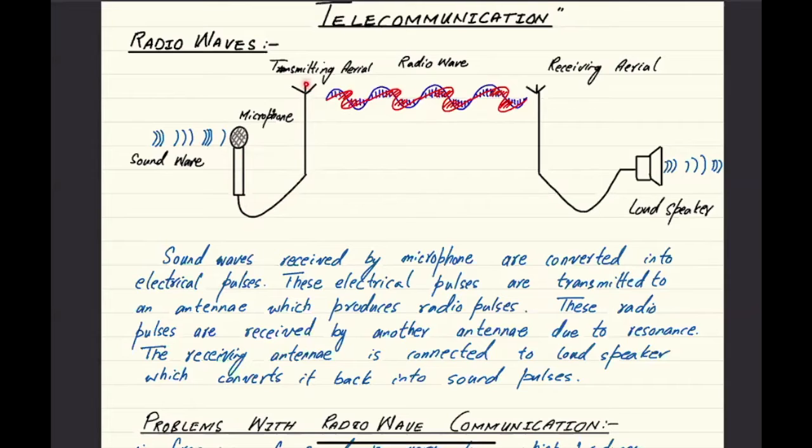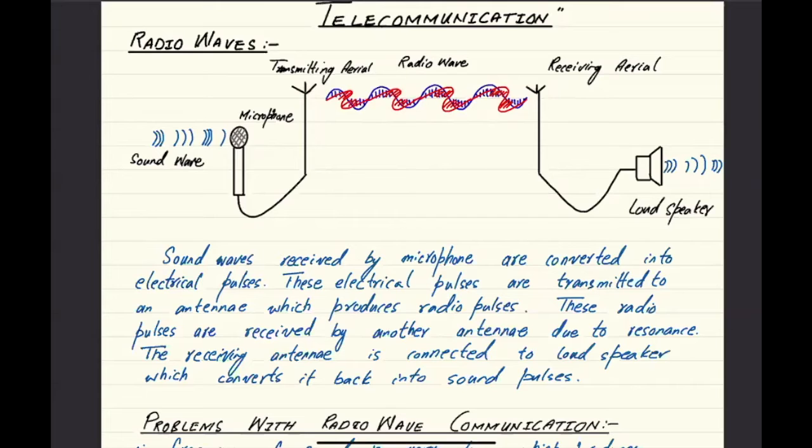And when that alternating current reaches the transmitting area, the electrons oscillate. As electrons oscillate in the transmitting area, they produce electromagnetic waves. These electromagnetic waves travel to the receiving area, where they produce an effect similar to electromagnetic induction.